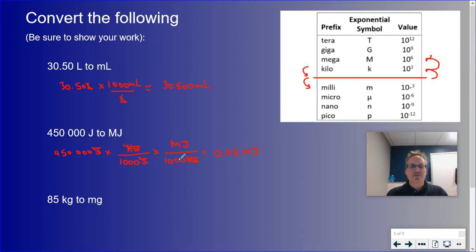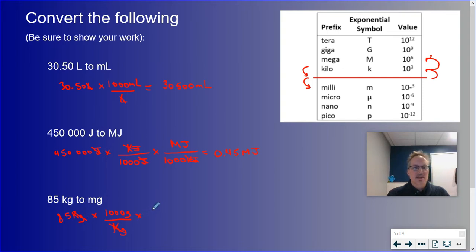Third one, I'm going to go from kilograms, which is right here, to grams, from grams to milligrams, so I can reuse that arrow over here. So I'm going to start by writing down, I have 85 kilograms. Now, I know that there are 1,000 grams in a kilogram. So I'm going to set it up so kilograms are on top and bottom, and they cancel out.